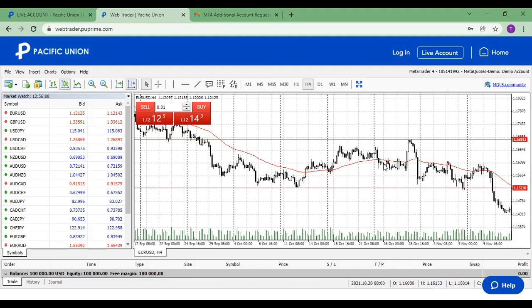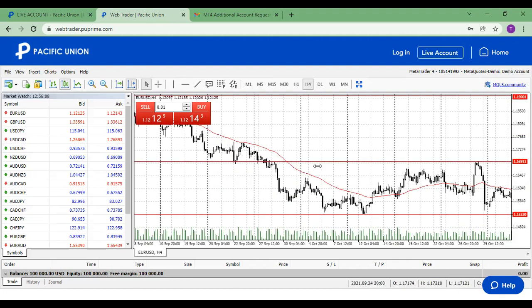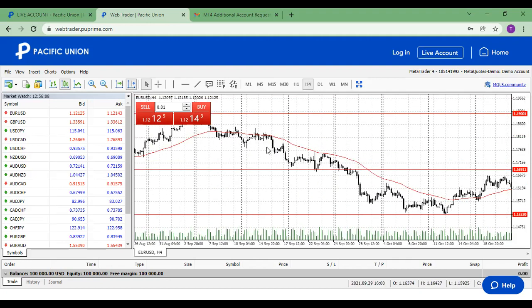You notice that price has not been able to break above this 50 period moving average, which some refer to as a golden moving average. So price has failed to break above this moving average. It tends to give a barrier even for the market.